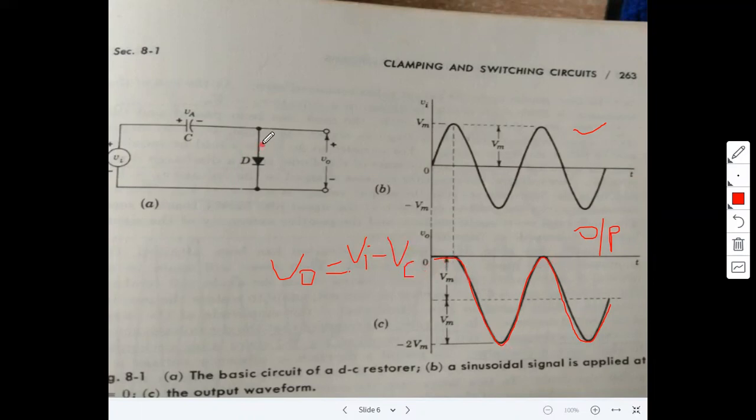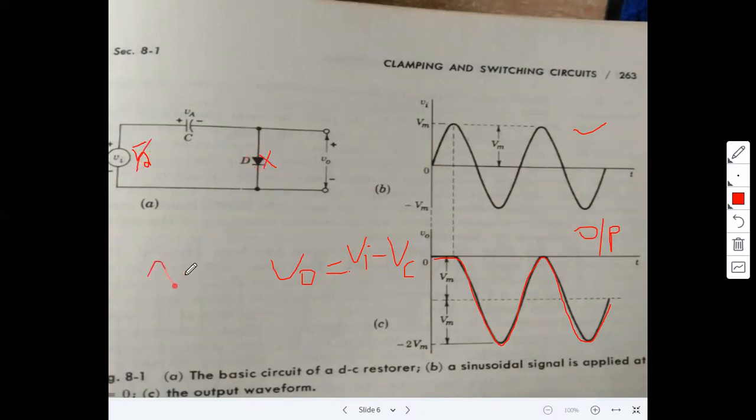Why? Because during the entire subsequent cycles, just greater than T by 4, the diode never conducts. It only conducts if the input changes. If previously the input is 5 volts, and in a subsequent cycle the input is greater than 5 volts, then only the diode conducts, right?